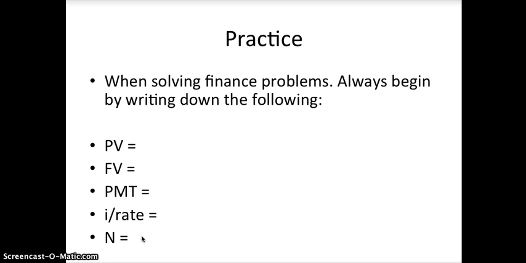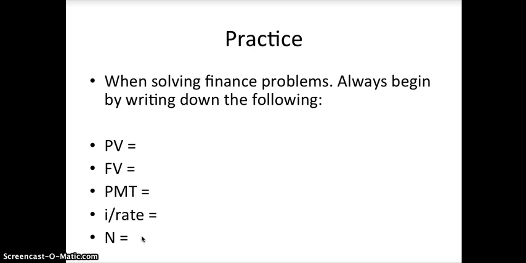You'll see later on in the semester that sometimes problems or questions you're asked to solve require multiple steps. So first you might have to figure out the future value of something, and then you might have to figure out something after that.